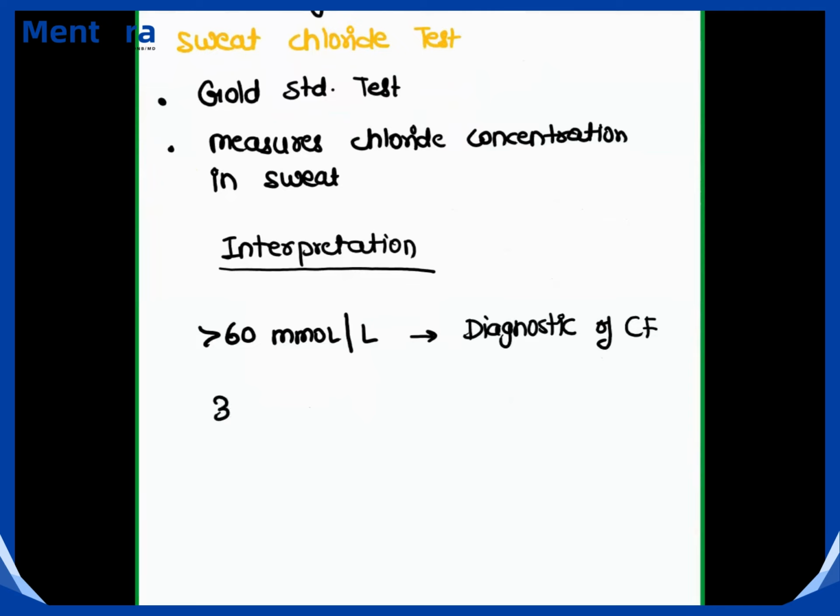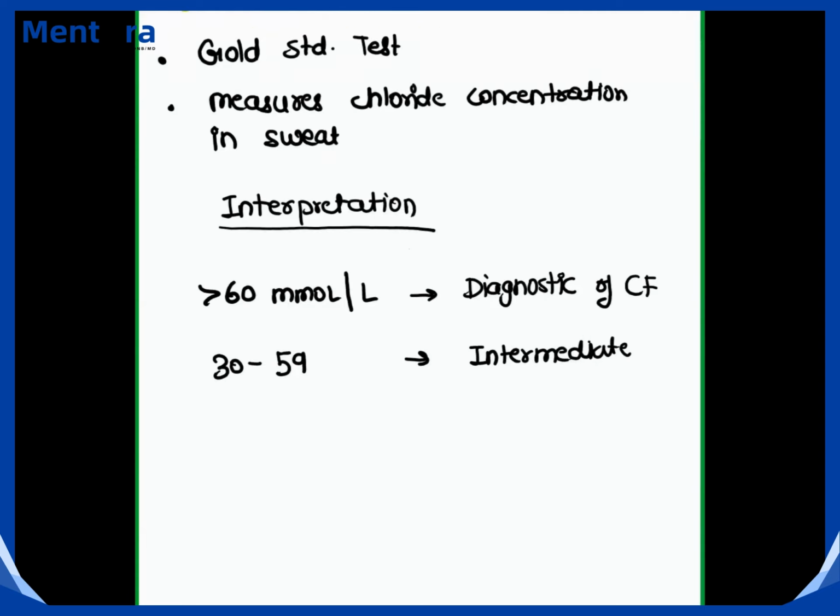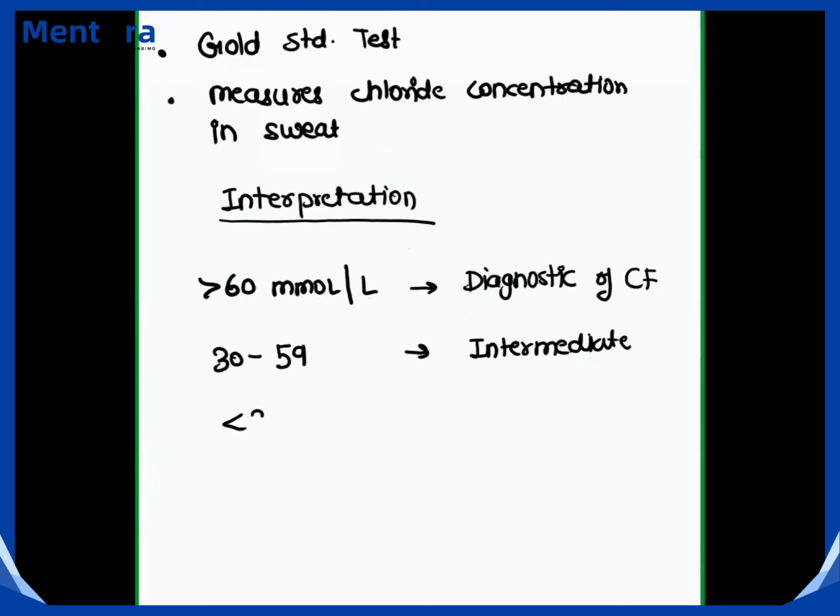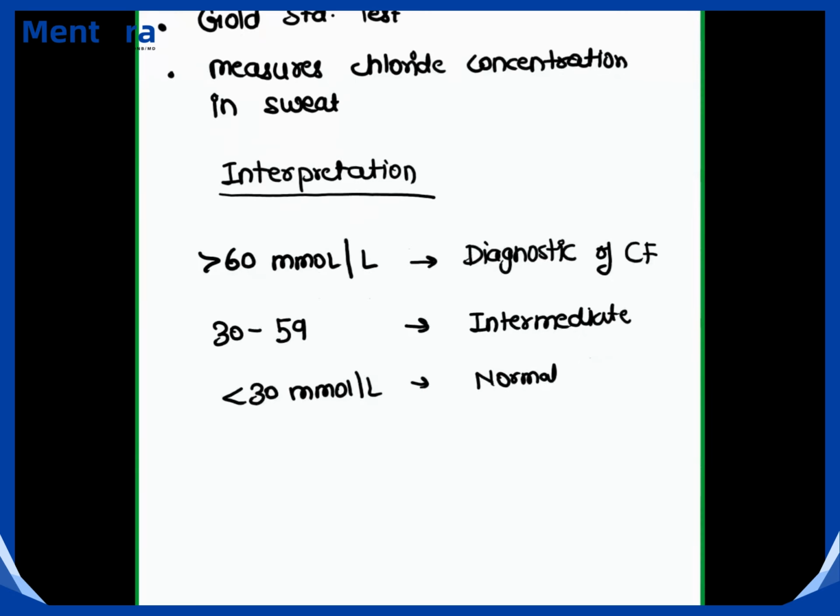When this value is between 30 to 59 millimole per liter, this is an intermediate result and it needs further testing. When this value is less than 30 millimole per liter, it is normal. The patient is normal.